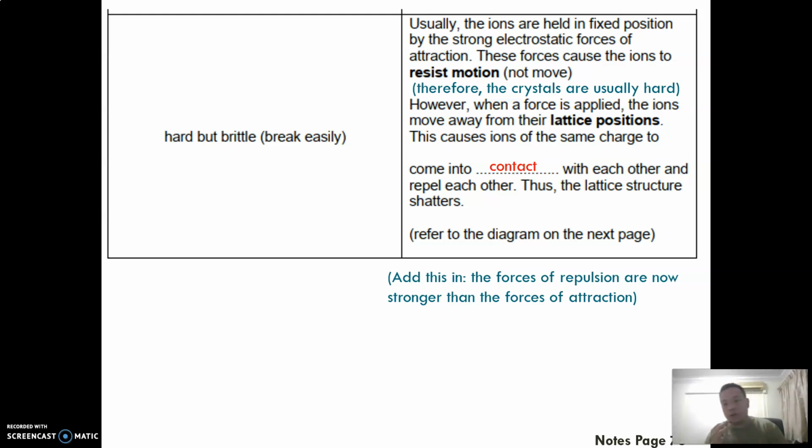And these forces of repulsion between similarly charged ions will actually become stronger than the forces of attraction between oppositely charged ions. And when this happens, the lattice structure is going to break apart. So therefore, if you drop an ionic crystal onto the floor, it's going to break into many pieces due to this.